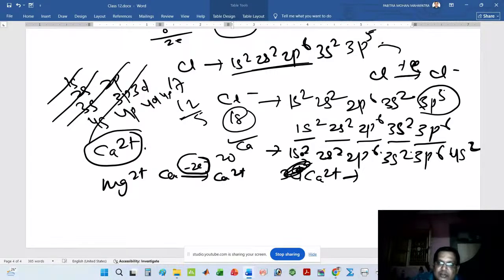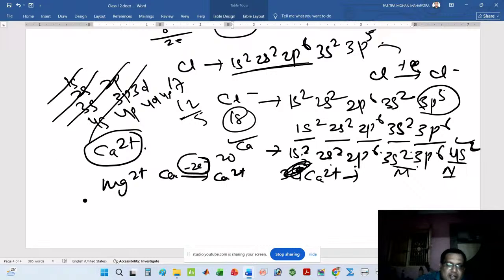Here 1s belongs to the K shell, 2s 2p belongs to the L shell, 3s 3p belongs to the M shell, and 4s belongs to the N shell. So here the N shell is the valence shell, so remove 2 electrons from the 4s.